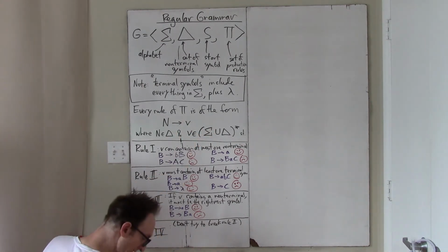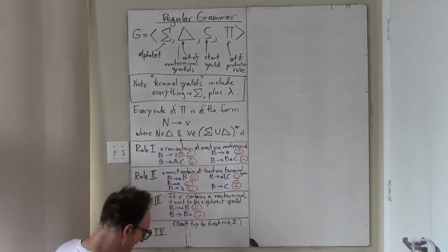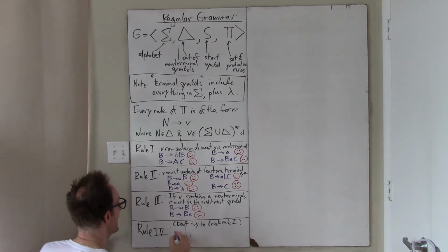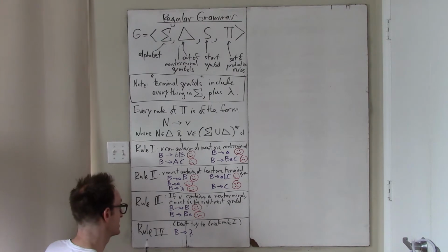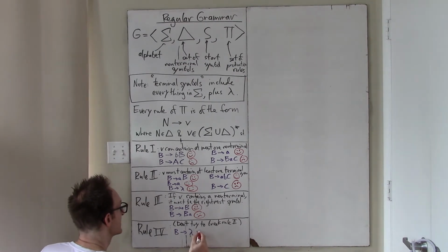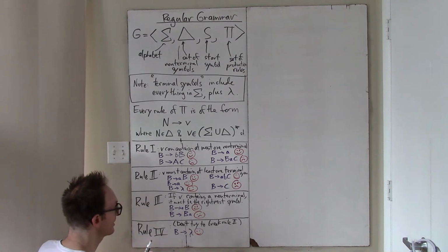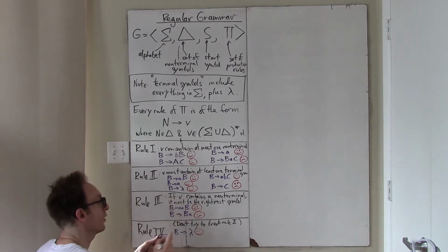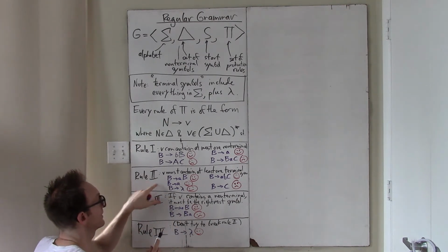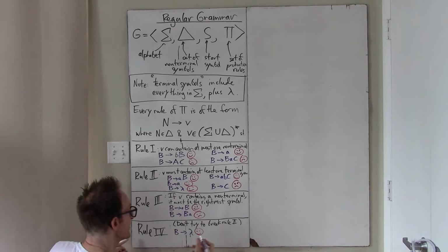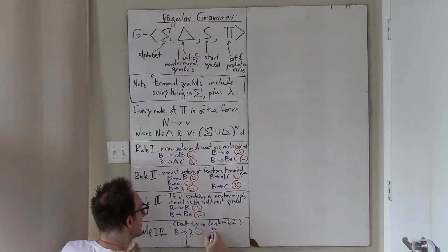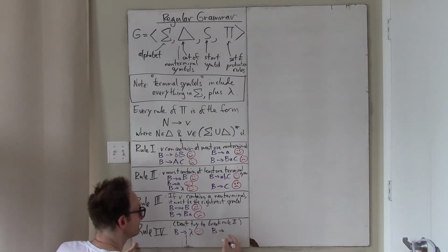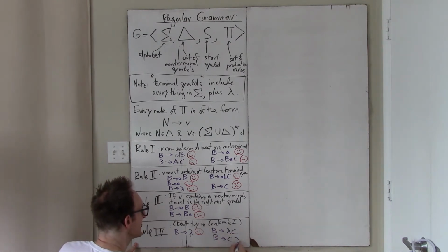So aren't I allowed to have a rule that looks like this? If lambda is a terminal symbol, and I have to have at least one terminal symbol, then what's stopping me from doing something like B goes to lambda C, or B goes to C lambda?